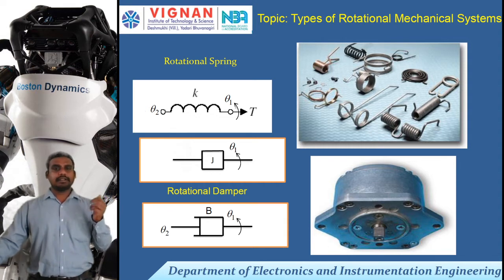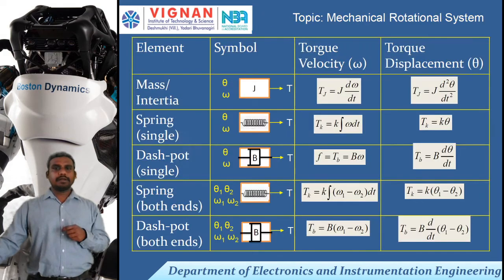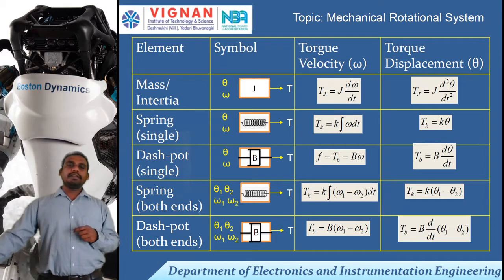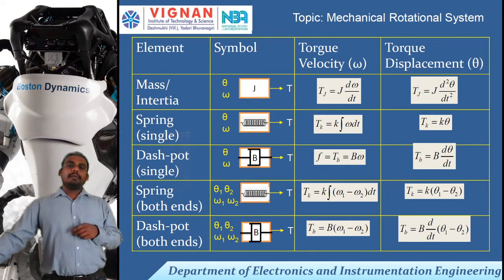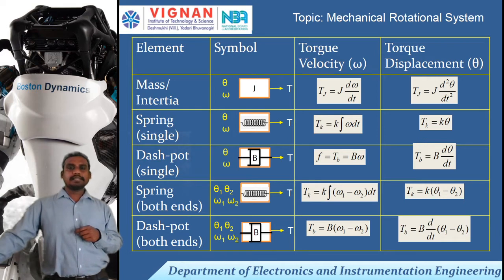With this brief introduction, I will give the elements in the mechanical rotational system. Consider a single mass with one end fixed, then J is the inertia, theta is the angular displacement, omega is the angular velocity, and the torque is given as Tj equals J d omega by dt.